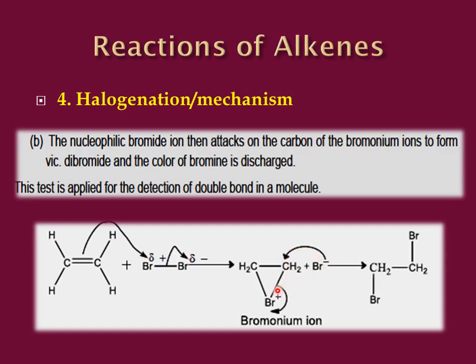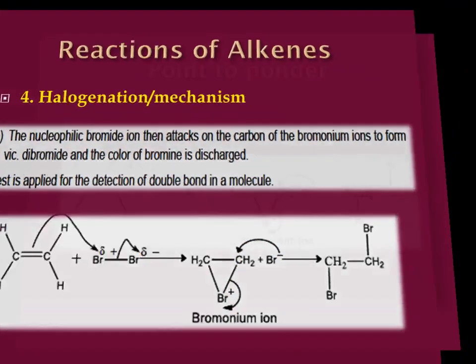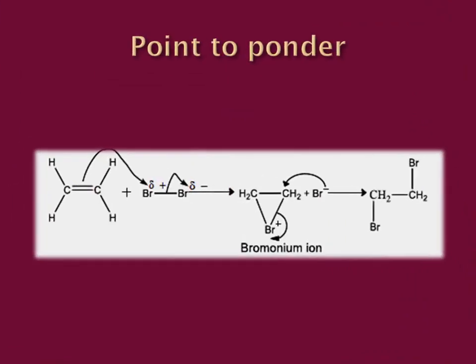Now students, how do we know that bromine is using its lone pair to make an excess bond? As the valency of any halogen atom is -1, it can make only one bond. But over here you can see that bromine is making two bonds, one that it normally makes and the second using its lone pair. You know that halogens have 3 lone pairs.